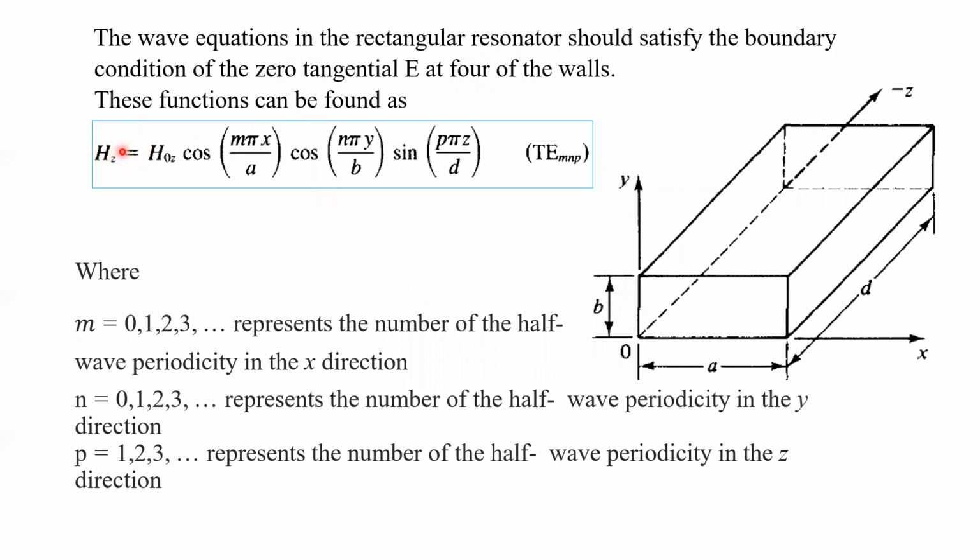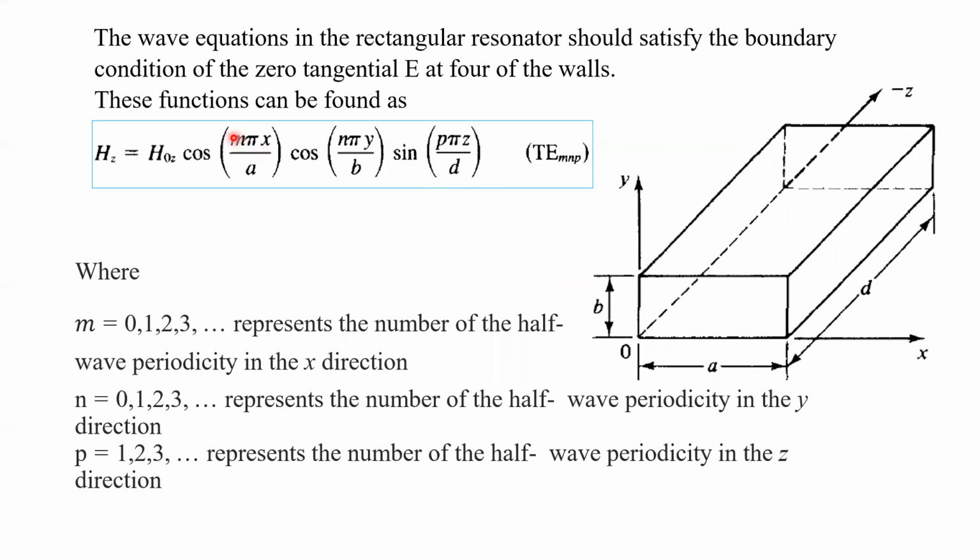The field strength is equal to H0z into cos of m pi x by a into cos of n pi y by b into sine of p pi z by d. It is the tangential electrical E component. Here we define A in the X direction, B in the Y direction, and D in the Z direction.